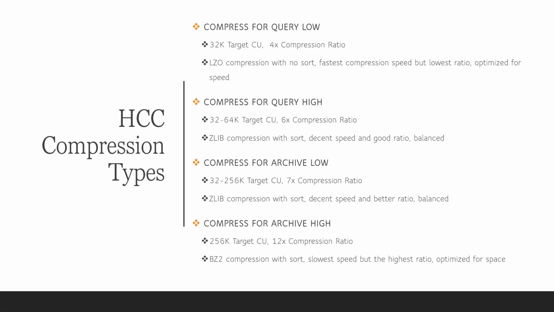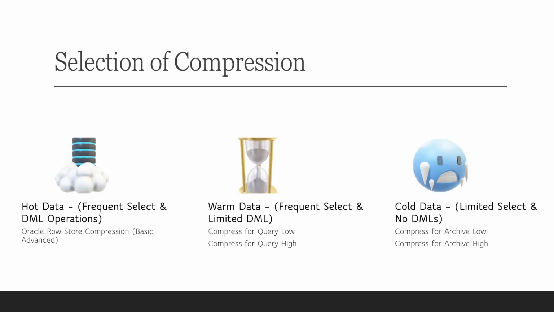Now we have talked about the compression types, which are query low, query high, archive low and archive high. Now you might have a question on how to choose the correct compression type for your tables. That purely depends on how the table is being accessed by the application. If the table falls under the hot data category, that means there are frequent selects as well as DML operations like insert, update and delete, for example a transaction table, which is highly OLTP in nature, then don't go for HCC.